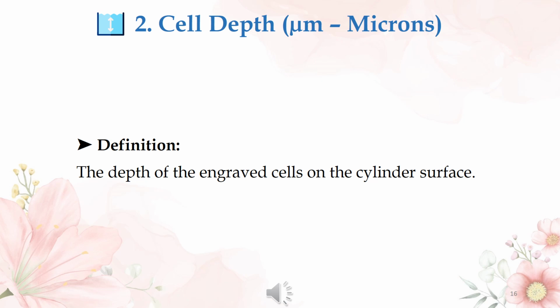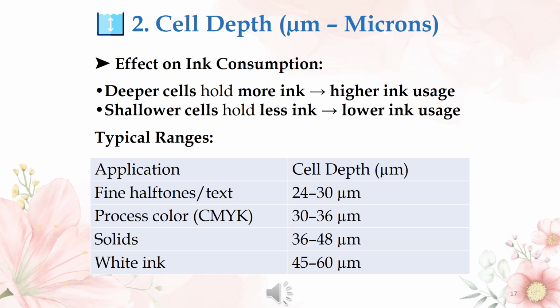Cell depth is the depth of the engraved cells on the cylinder surface. It's measured in microns. Deeper cells hold more ink, that is higher ink usage. Shallower cells hold less ink, that is lower ink usage. Let's see typical ranges.